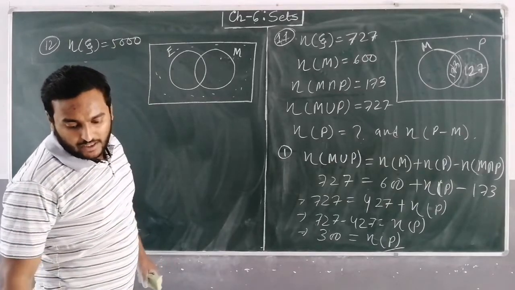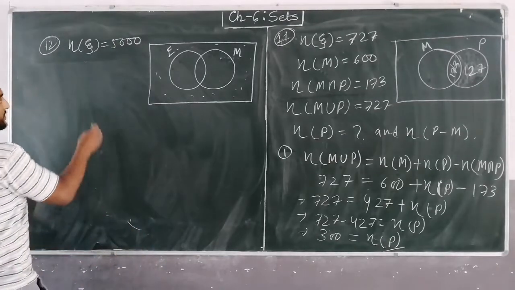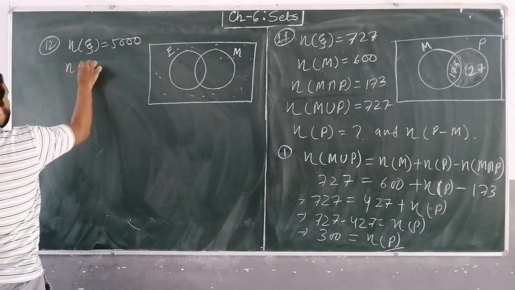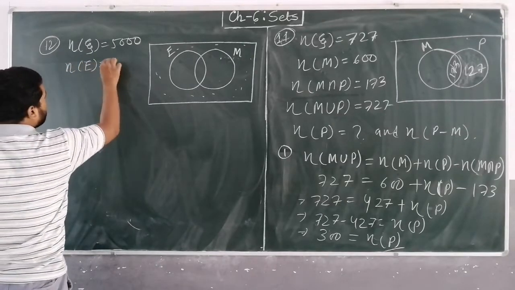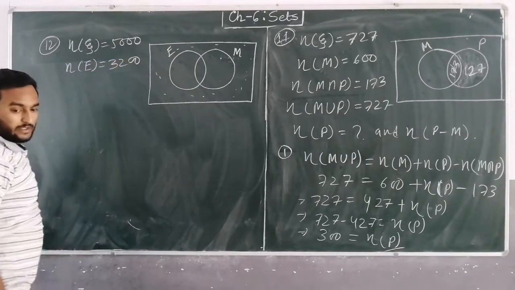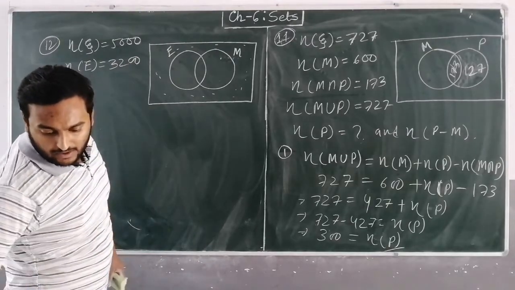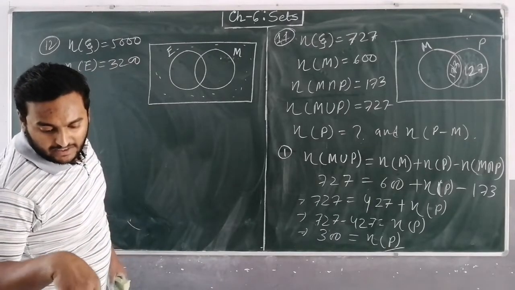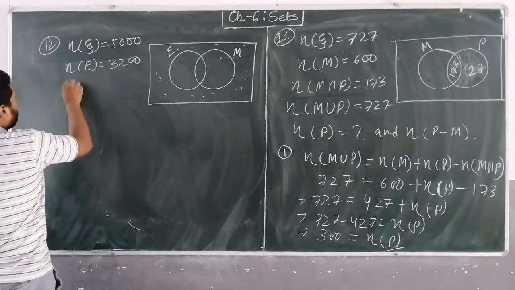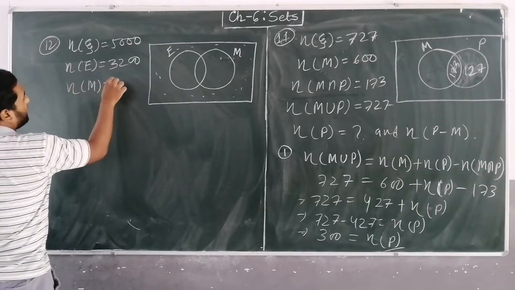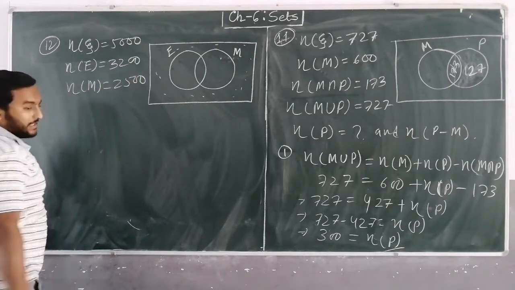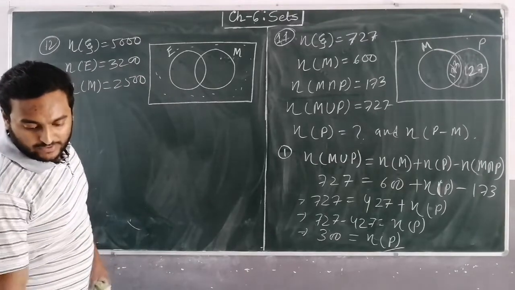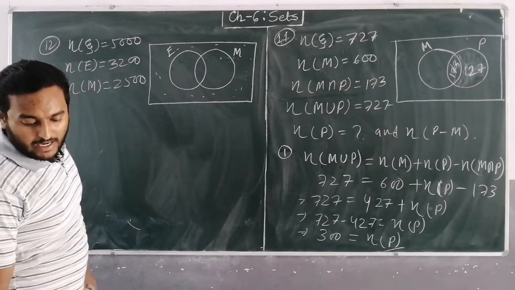And 3,200 people are egg eaters. So the number of people who eat eggs is 3,200, and the number of people who eat meat is 2,500. And it is given that 1,500 eat both egg and meat.